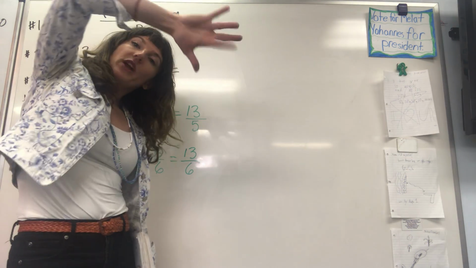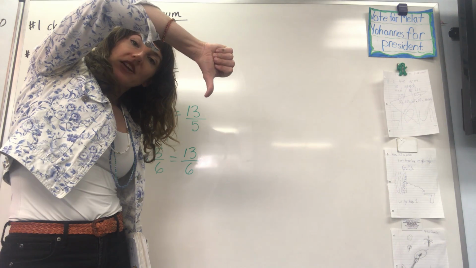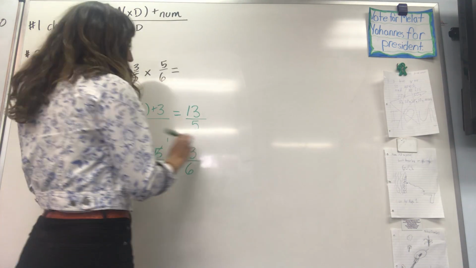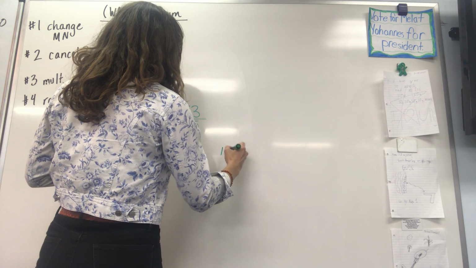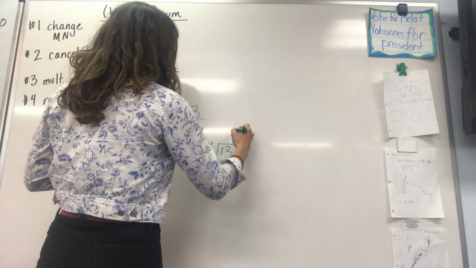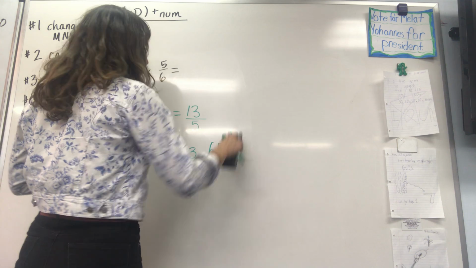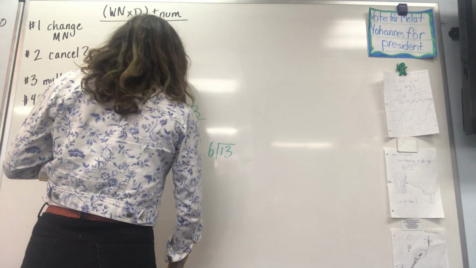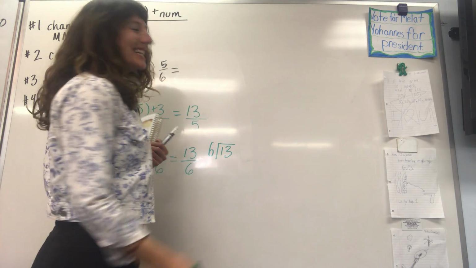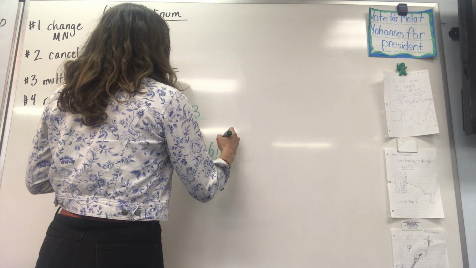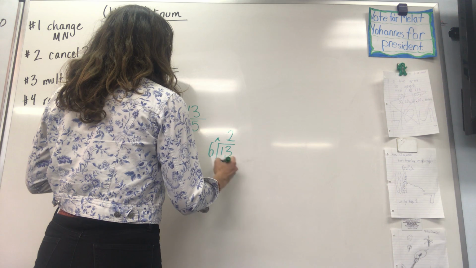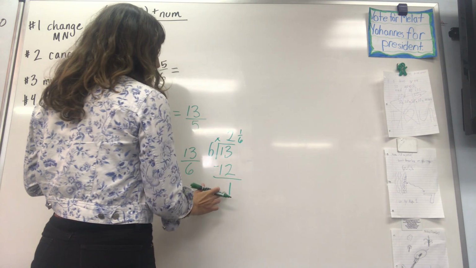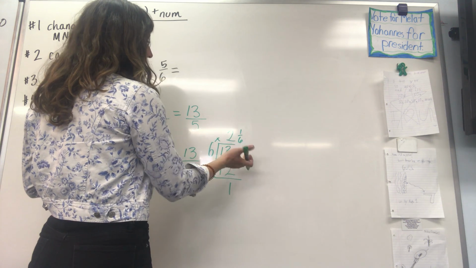Remember, when your numerator is larger than your denominator, you need to divide down, okay? So 13 divided by 6, 1. Oh my. That was bad. 2. 2 times 6 is 12, right, with a remainder of 1 over your divisor.